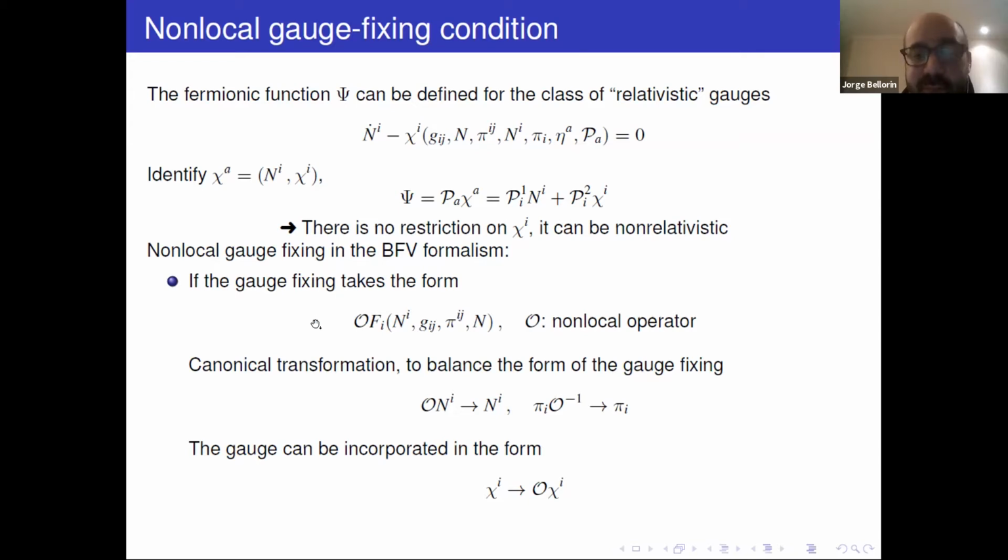The only price to pay is that in order to write all the gauge fixing as a non-local gauge fixing, as was the idea in the projectable case, you need to perform a canonical transformation, because now the Lagrange multiplier is a canonical variable in the BFV formalism, and this is its canonical momentum.